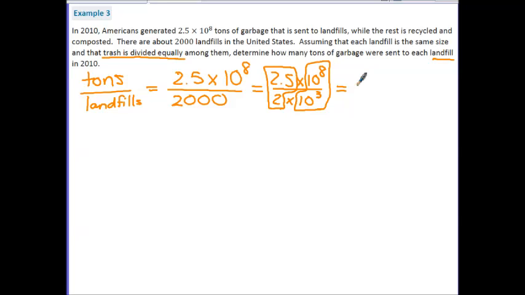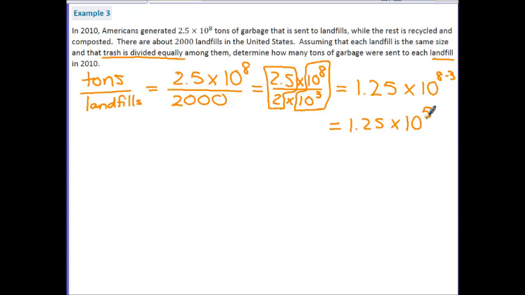When I do that, I get 1.25 times 10 to the power of, again, I am dividing my bases, so I subtract my exponents, so this would be 8 minus 3, and that will give me a final answer of 1.25 times 10 to the 5th.